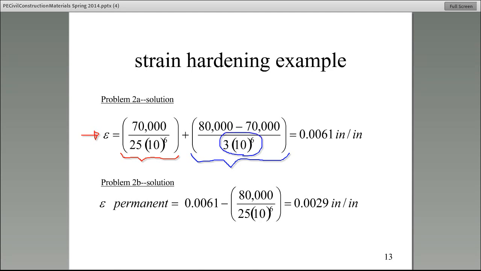And 3 million is the slope of the second part of the graph. If you look, when you go from 70,000 to 80,000, you're traveling on the part of the graph whose slope is 3 million. So there you go. You add those two components, you come up with 0.0061 inch per inch. And that would be the answer. All right?